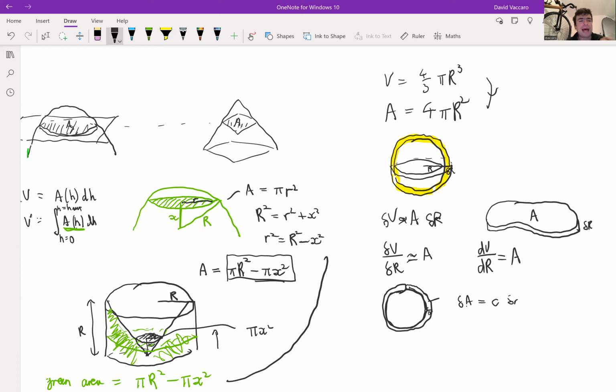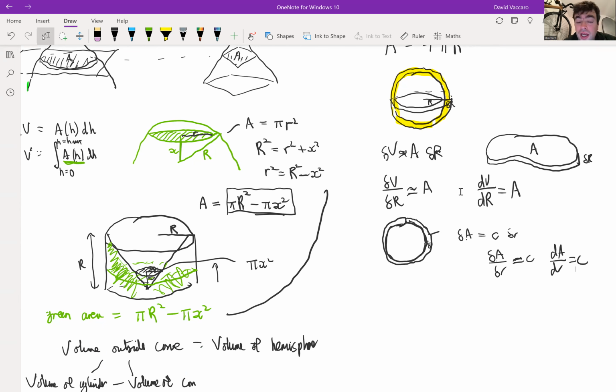But obviously it's a little bit out, because if you made a rectangle, the edges wouldn't quite join at the end. But nevertheless, you get that dA by dr, to a good approximation, is the circumference. And as you make dr smaller, the differentiation becomes precise.